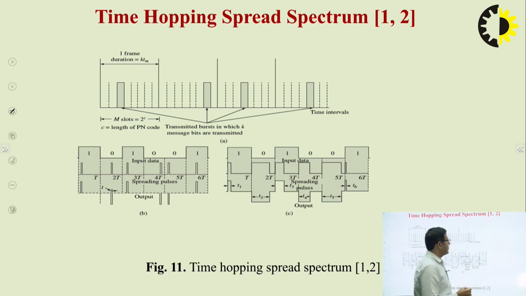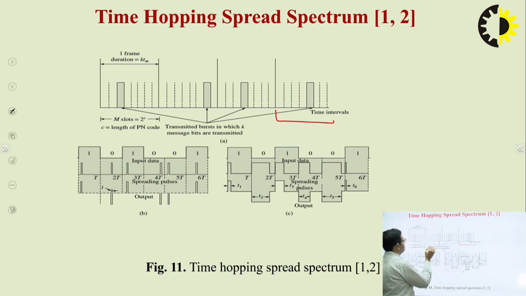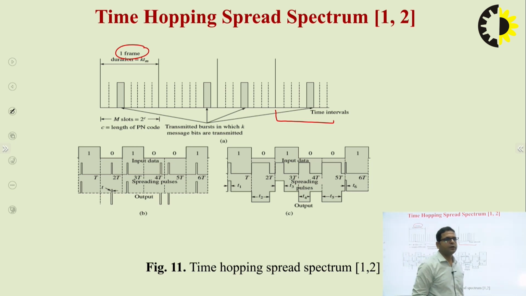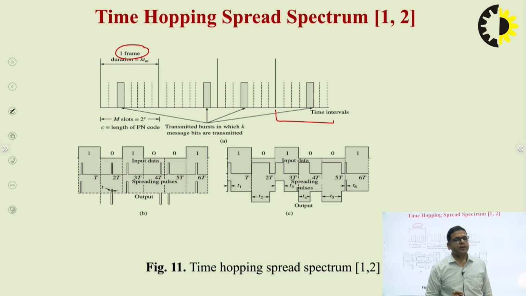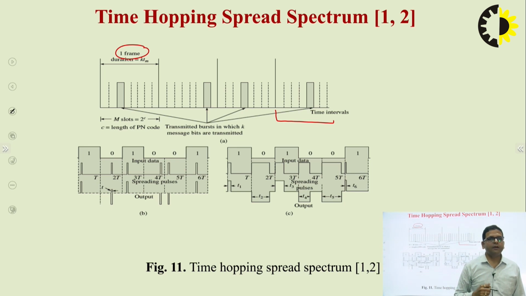In time hopping spread spectrum, the entire time axis is divided into small intervals, and these intervals are known as frames. Further, the frames are divided into M slots, and the baseband signal modulates any one time slot.